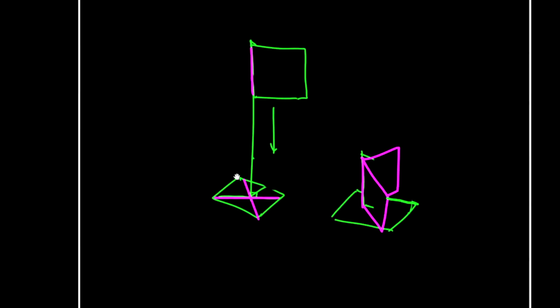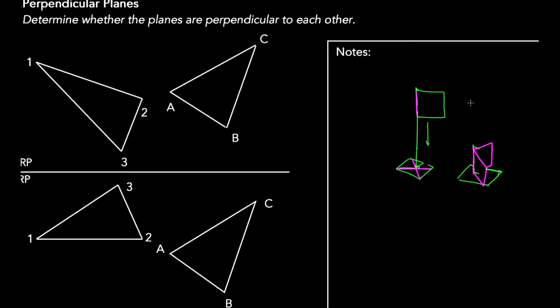Right? So with that said, what we need to prove is, one, there is a line contained in one of the planes that can be shown to be truly perpendicular to the other plane. And the way we prove that a line is perpendicular to the other plane is to find two non-parallel lines contained in the given plane. Right? This might get confusing because I'm mentioning so many lines and planes, but you can do it step by step.